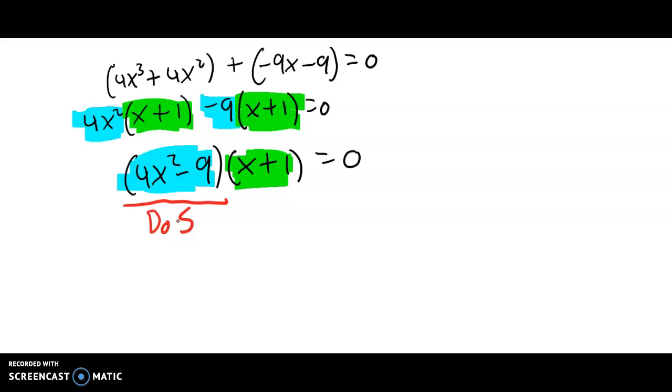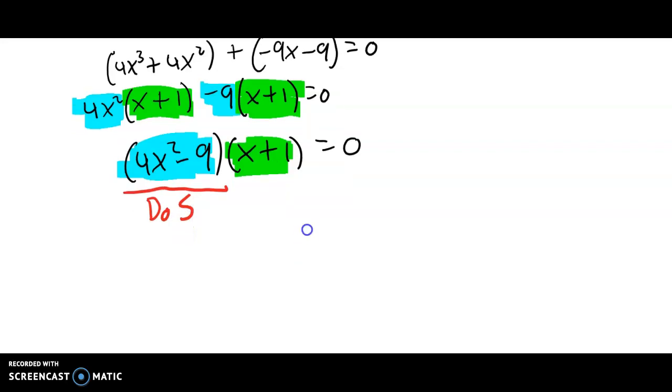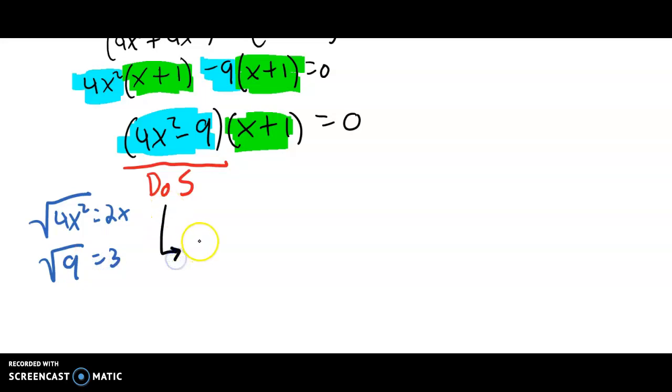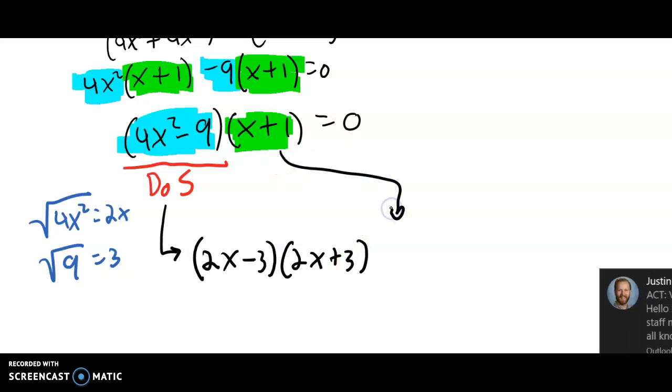I have two terms, I have the difference, the subtraction, and 4 and 9 are perfect squares. So we can go ahead and factor that further. Square root of 4x squared is 2x, square root of 9 is 3. So I can rewrite this guy as 2x minus 3, 2x plus 3. And then my x plus 1 is still there, he didn't go anywhere.